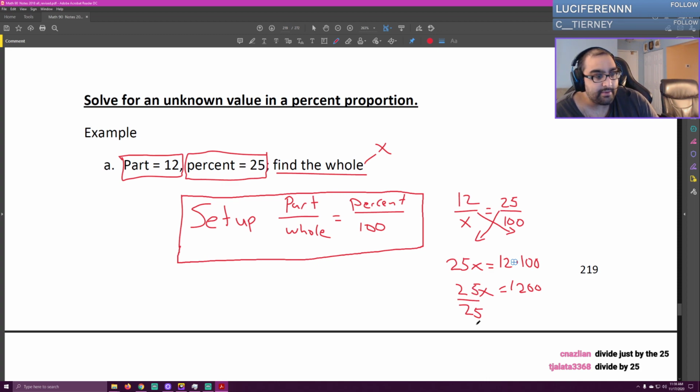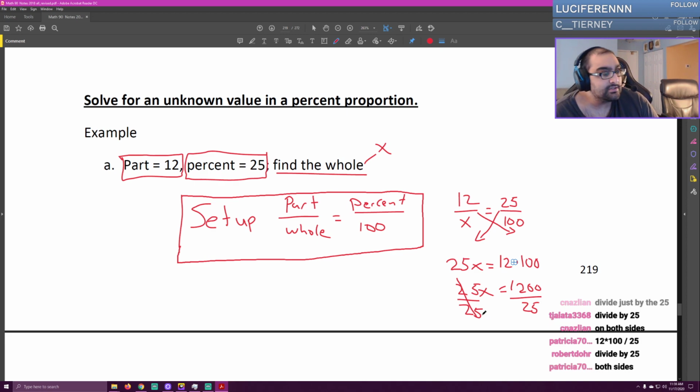So I should just divide by 25 here? On both sides, that's right. I have to divide by 25 on both sides. Remember, everything in algebra is always a balance. What we do on one side is what we got to do on the other side. Always a balance.